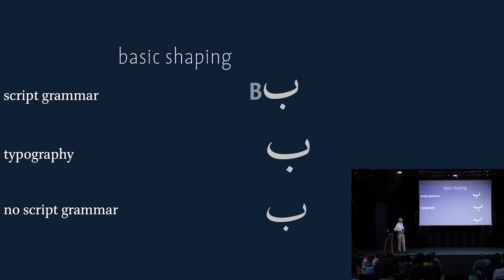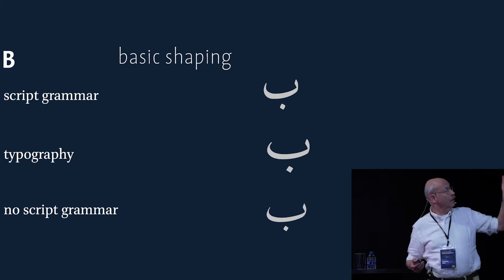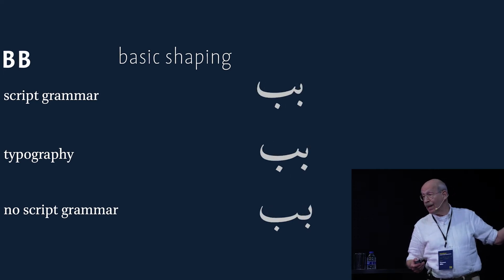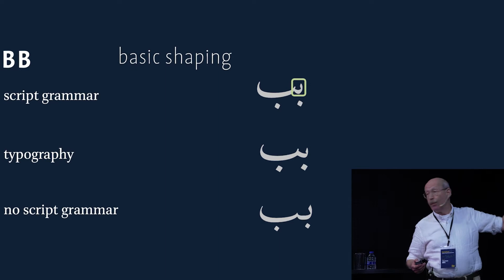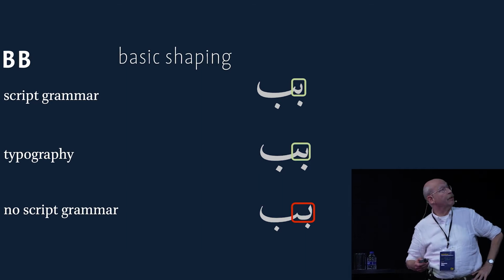So I'm giving you in parallel a growing group of the letter be, with or without dots. And you see without script grammar, which is the main form today, typography, which struggles to get it in, and script grammar, the way we do it with computer typography.